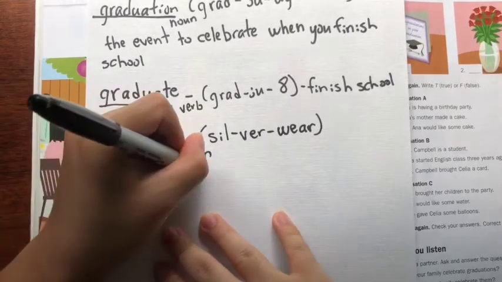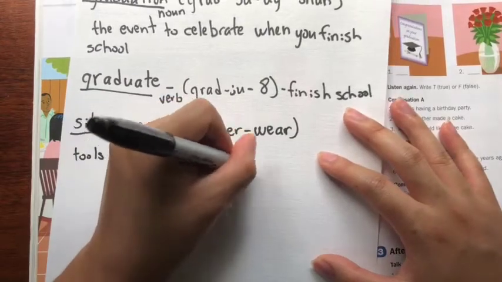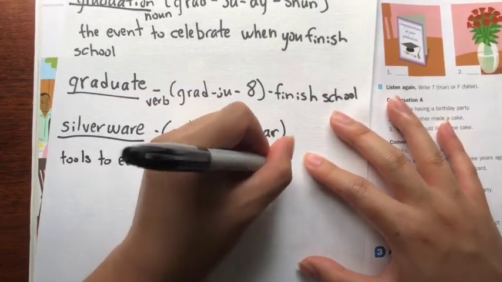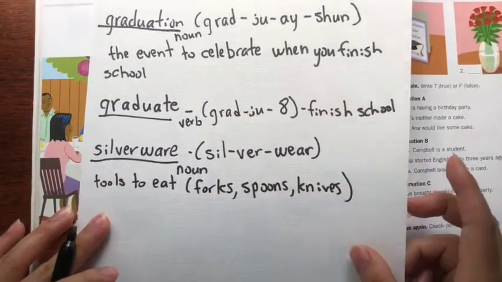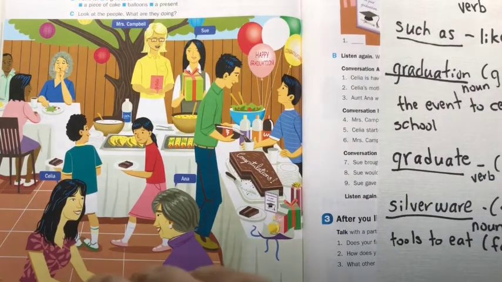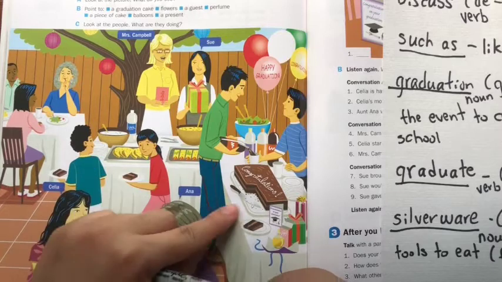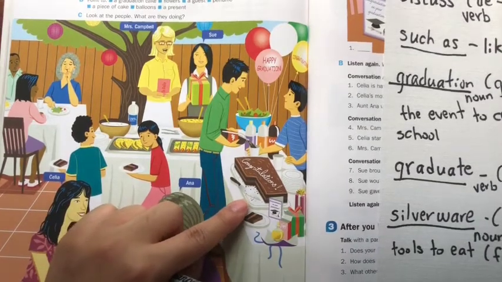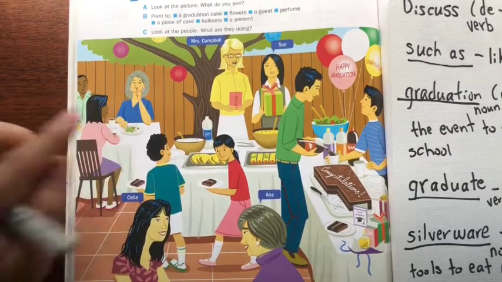So we have forks, spoons, knives. All of these are silverware. So let's find the silverware in this picture. We have a fork and a knife here, a big knife here for cutting cake, a knife and a fork. These are all silverware.